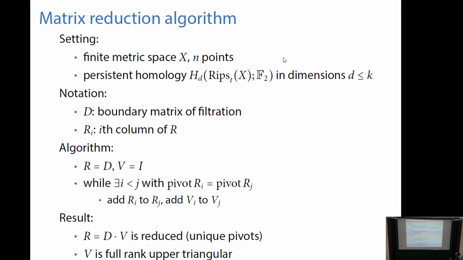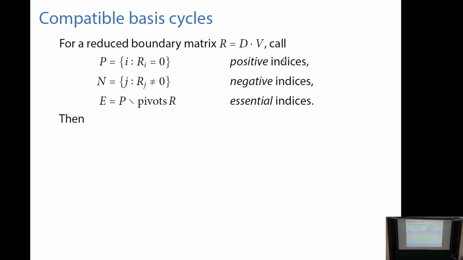Okay, so to understand why this tells us homology, let's call those indices which lead to an empty column positive, because they actually correspond to the birth of homology in the filtration. And the ones that have non-zero columns are negative indices.